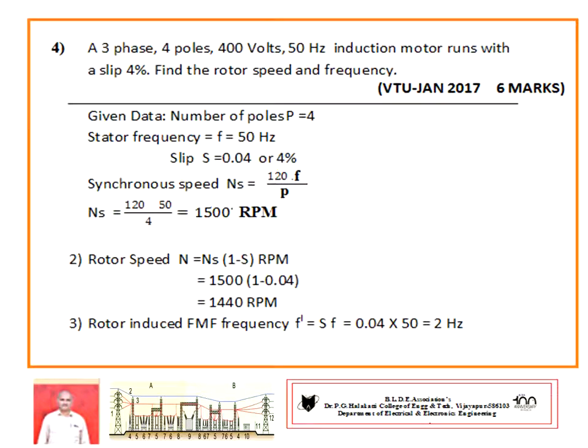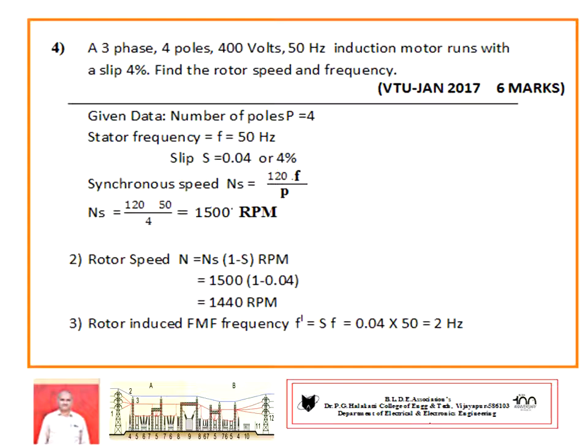So now you can see one of the question paper problems. It was asked in a VTU question paper for 6 marks. Many of the problems are the same. So: a 3-phase 4 pole 400 volt 50 Hertz induction motor runs with a slip of 4%. Find the rotor speed and frequency.